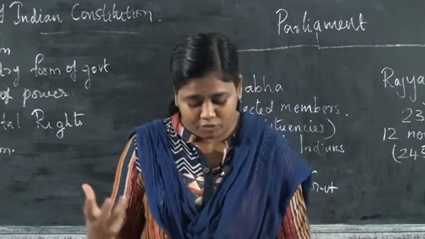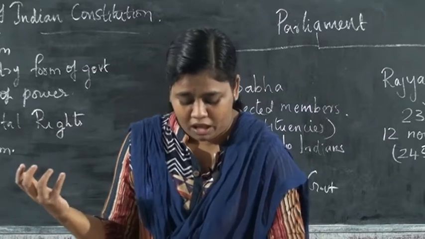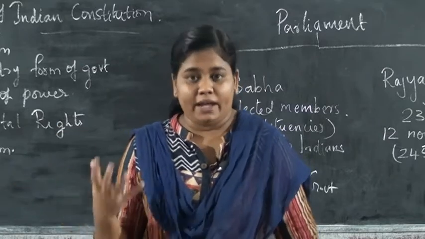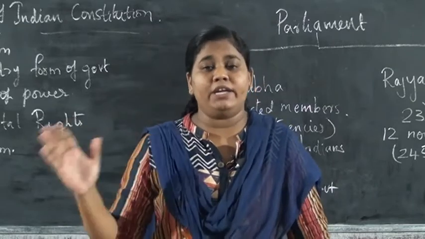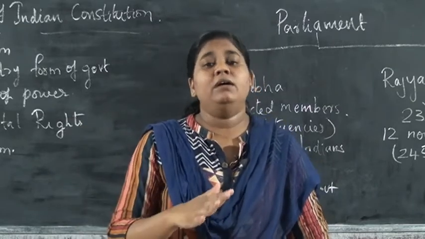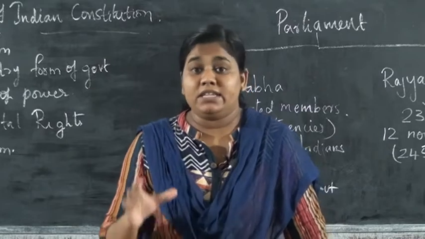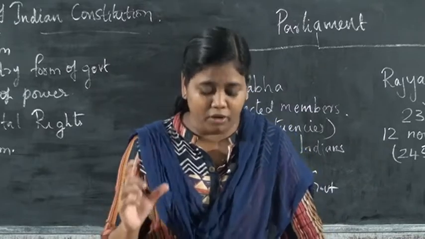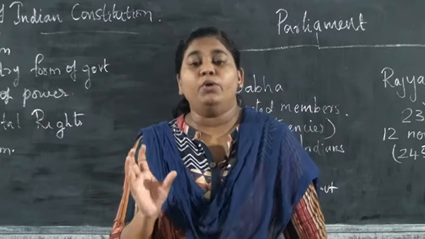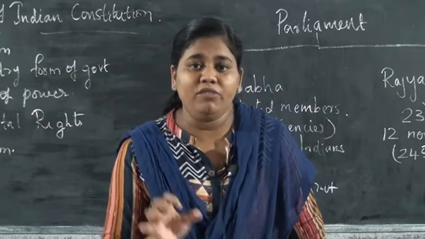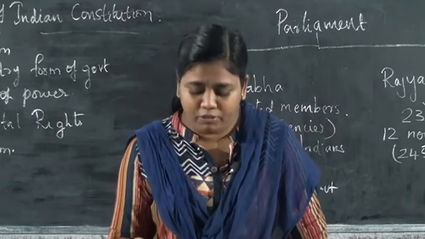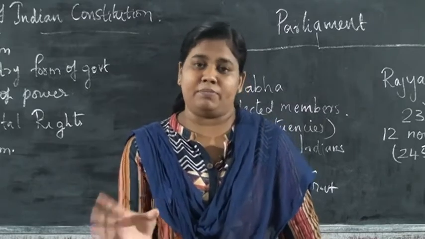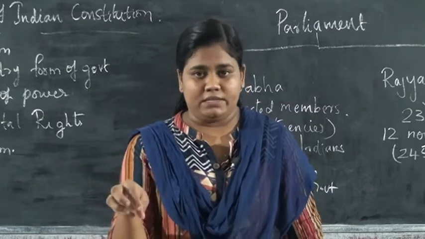But it took a long time. Although they demanded it in 1885, the Britishers were not ready to allow any Indians into the parliament. In 1909 they passed a law called the Government of India Act. The Government of India Act passed in 1909 allowed for some elected representation of Indians.